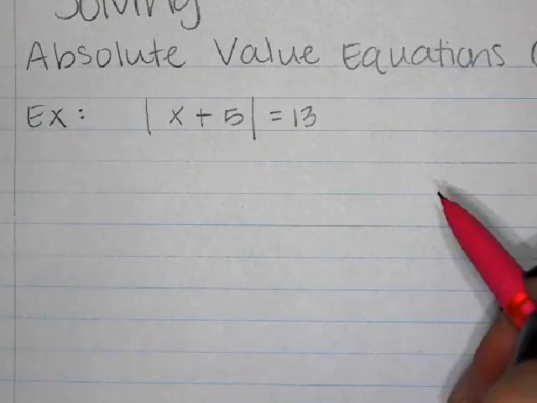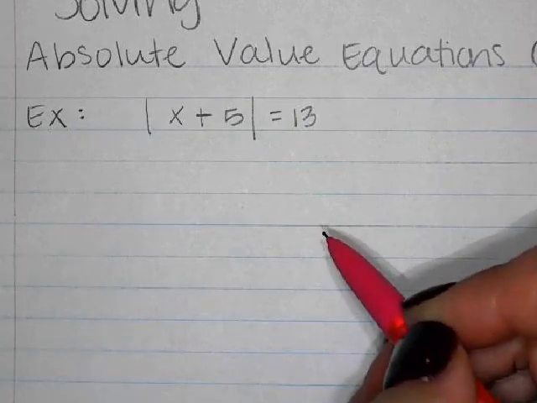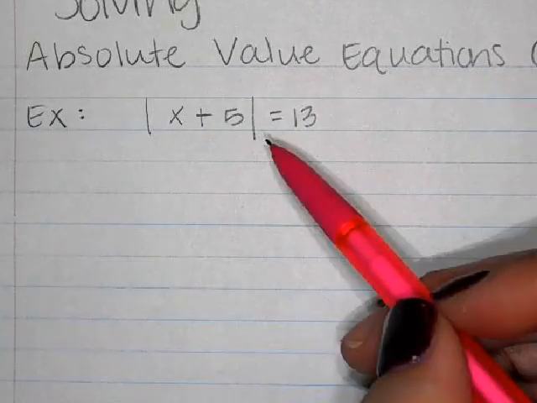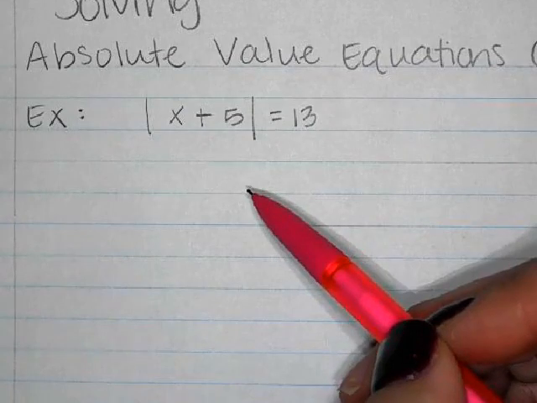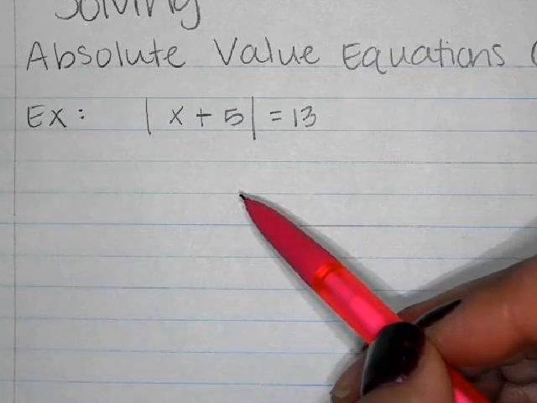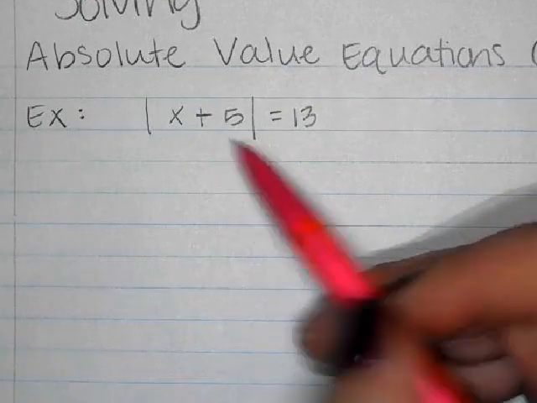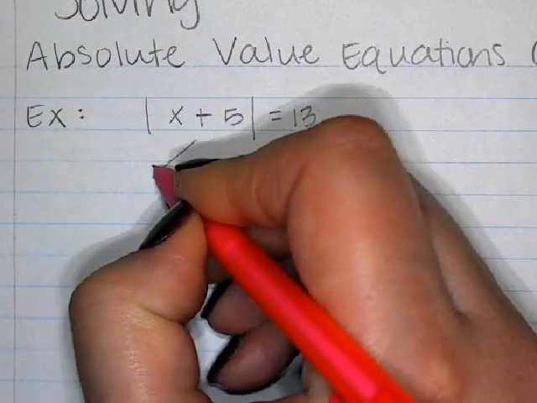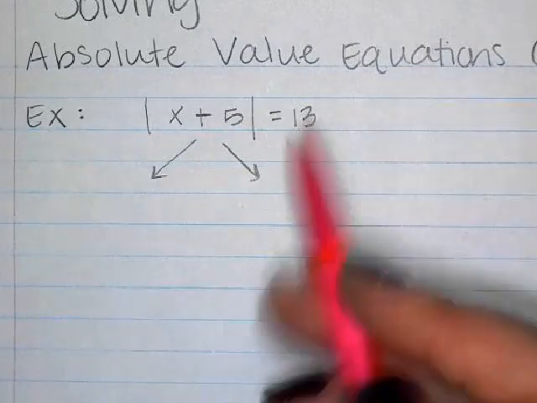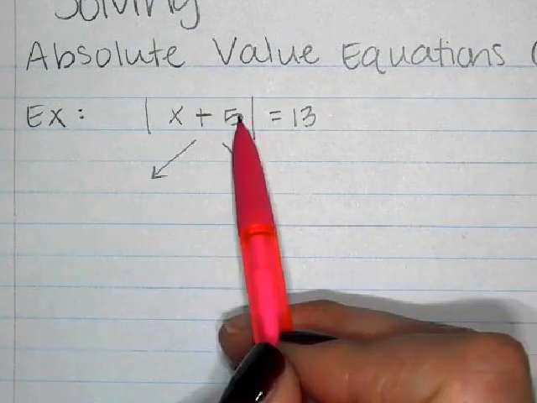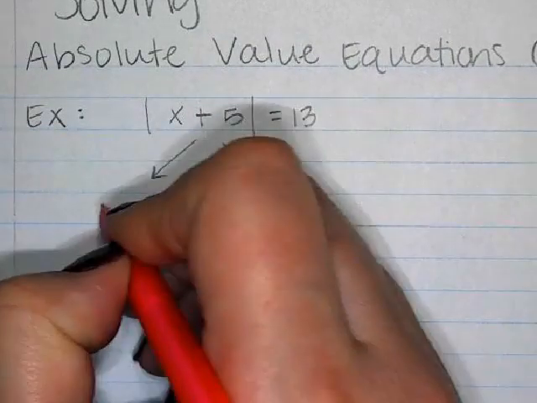So when you get to the point in solving the equation where the absolute value is alone, then you can split it into 2 equations. So we're going to say one possibility is that what was inside of here had a distance of 13 spaces away from 0.